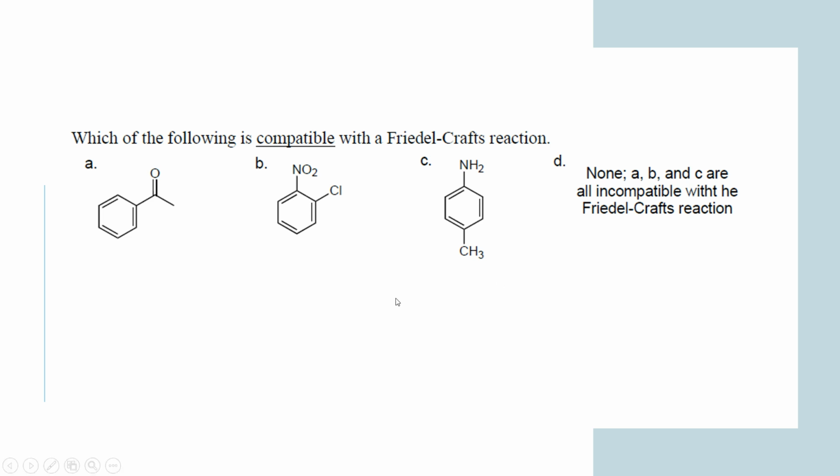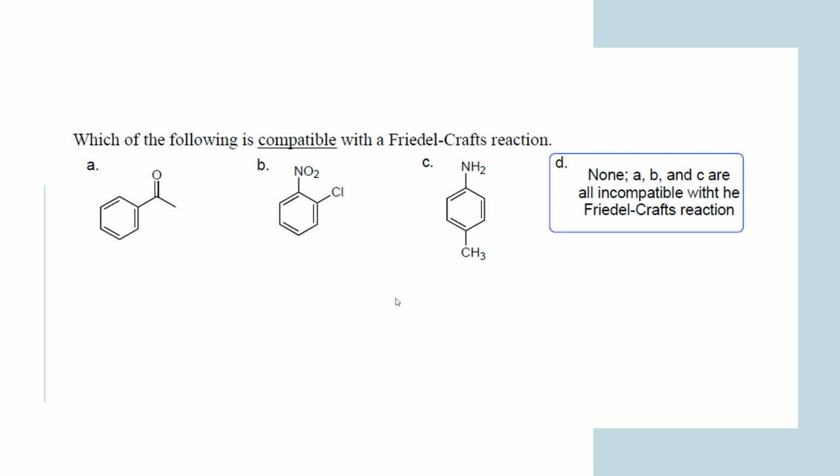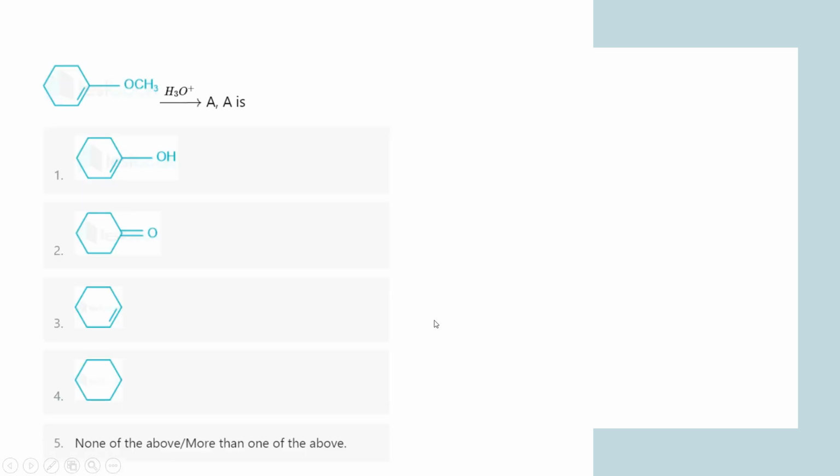Then we talked about which of these substrates were compatible with Friedel-Crafts reaction, and we saw that none of options A, B and C were compatible. The reasons we have already discussed. Then we went through this very easy reaction where we saw how this methoxide underwent hydrolysis to give you an enol, and the enol immediately tautomerized to its stable form, which is a ketone.